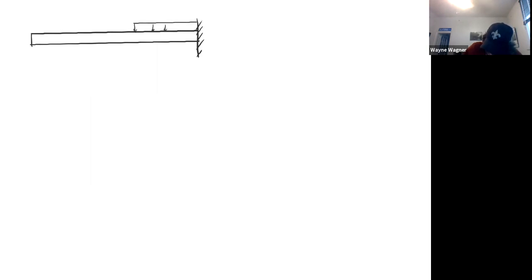Okay, with a distributed load. And then let's go right here and say on top of that distributed load, we've got another load. And let's get a load right here. There's really not a whole lot of very interesting things you can do with them, unfortunately, but that's okay. Let's go ahead and have 2 distributed loads.